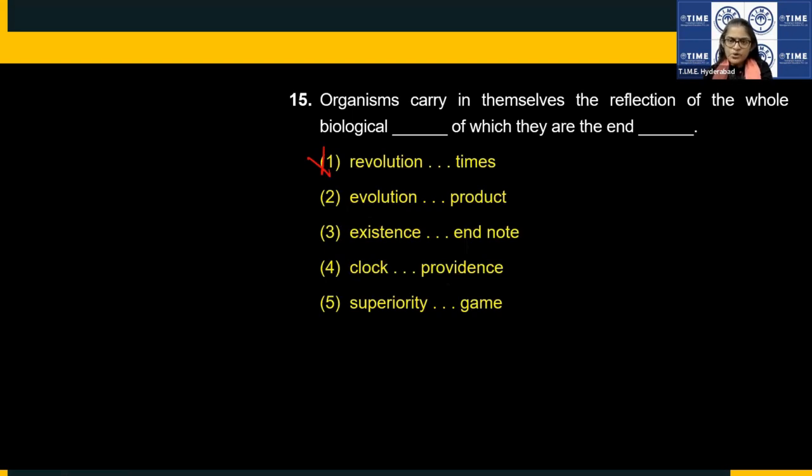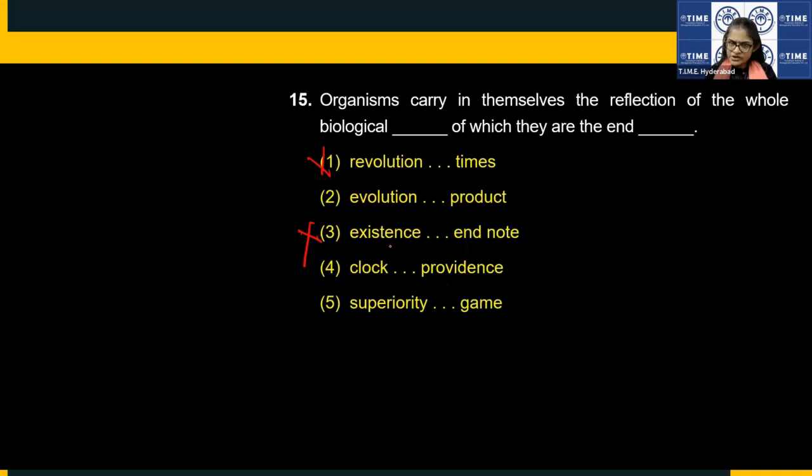The reflection of the whole biological evolution of which they are the end product. Every organism is the end product of the evolution that has happened till then. This makes sense. Biological existence of which they are the end note. Why will an organism be an end note of a process? Not sensible.